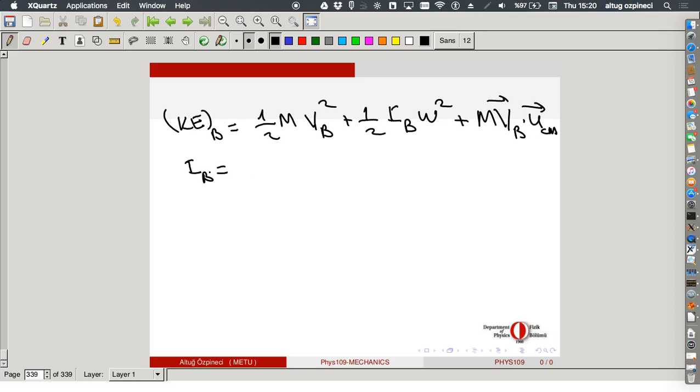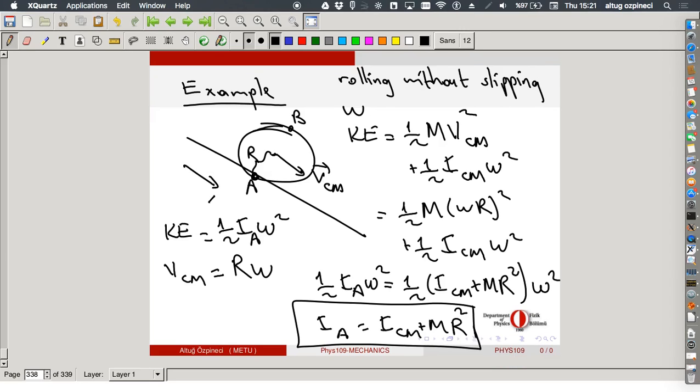Now, I_B, again, I can use the parallel axis theorem, which is I center of mass plus m r squared. The I center of mass is also m r squared, so this is twice m r squared. This is I_B. In fact, this is also I_A, because A and B points are at the same distance from the center. V_B, now let's choose this axis to be our x.